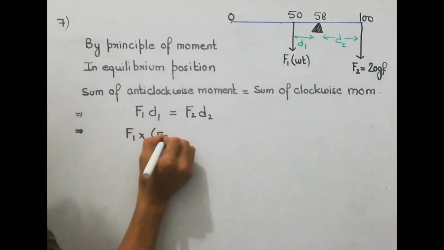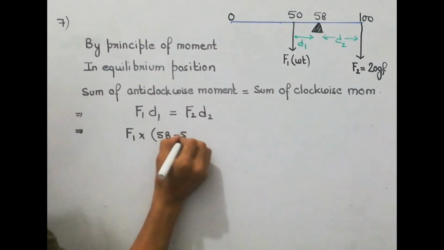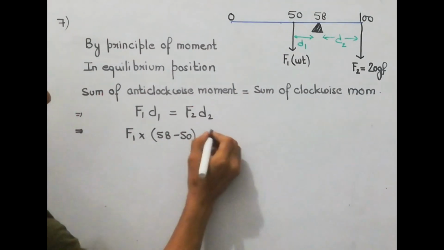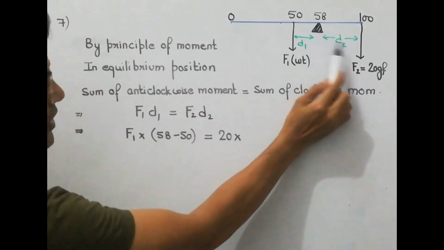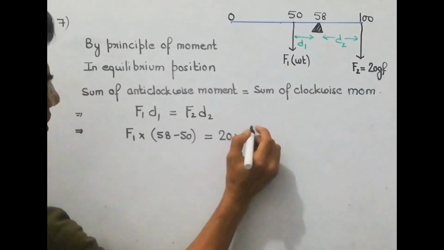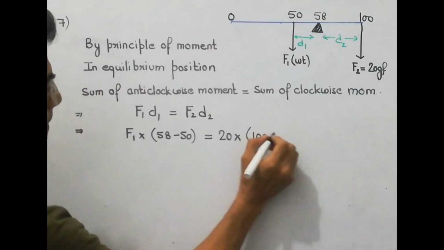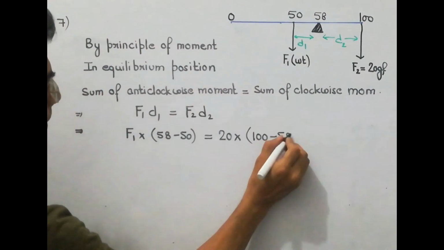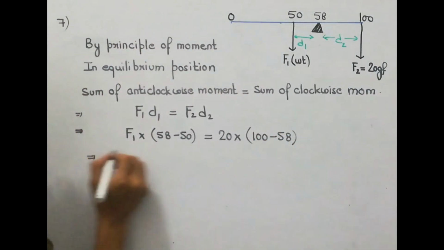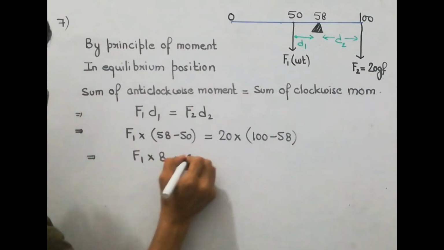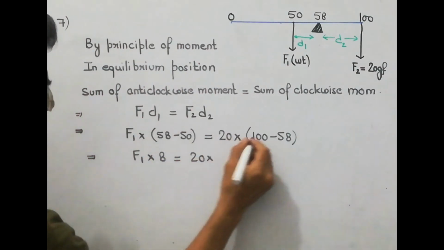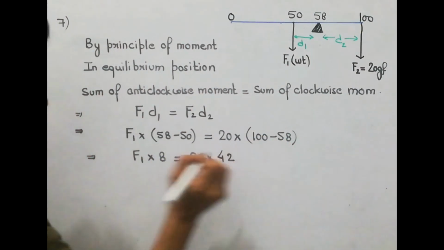I am just showing it here in the working, but you need not show that; you can directly do it. F2 is 20. How will you get d2? d2 you will get as 100 minus 58. F1 into 8. This will give you 42.